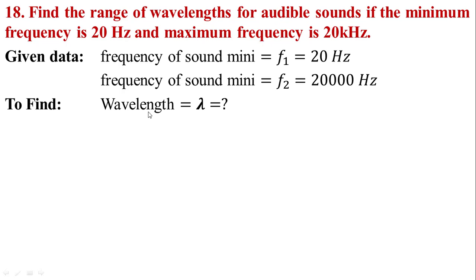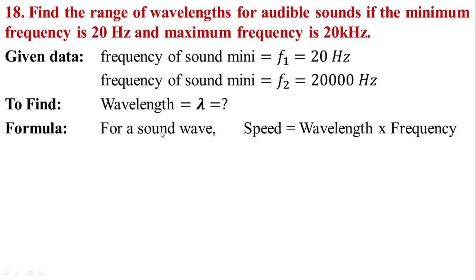So we can find the wavelength lambda using the wave equation: speed is equal to wavelength multiplied by frequency, that is V is equal to f lambda. Then lambda is equal to V upon f.